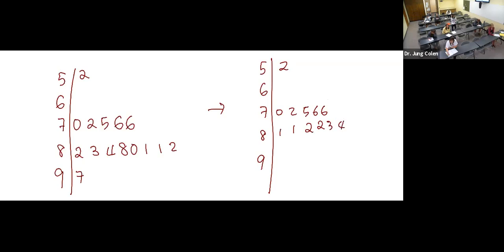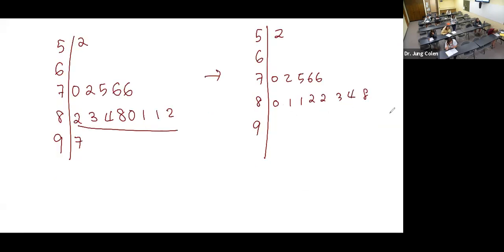Oh, and I forgot 0. You can rearrange that in ascending order. 1, 1, 2, 2, 3. And oh, I have 0. Oh, what's wrong with me today? Sorry, guys. I'm not completing myself here. 0, 1, 1, 2, 2, 3, 4. Using only this data I have so far. You can rearrange that with ascending order.